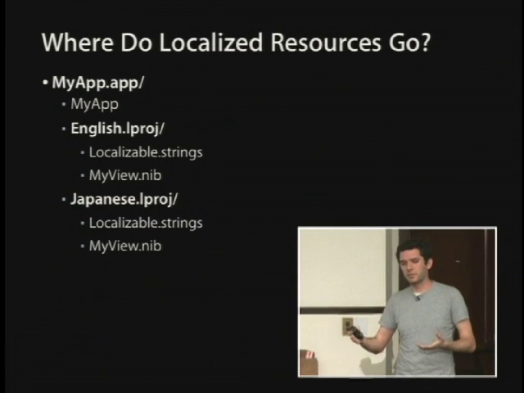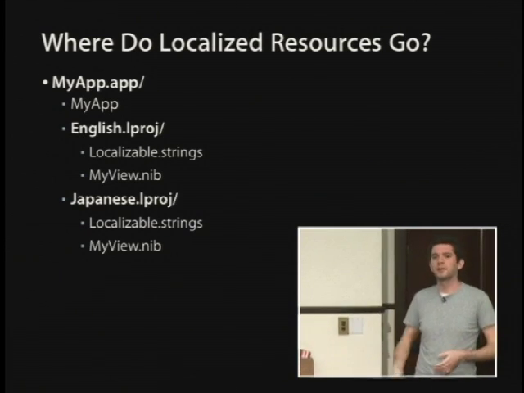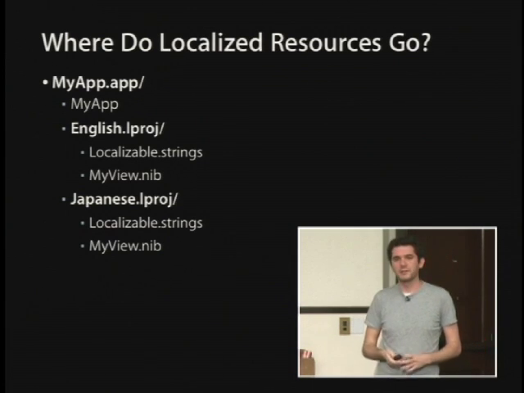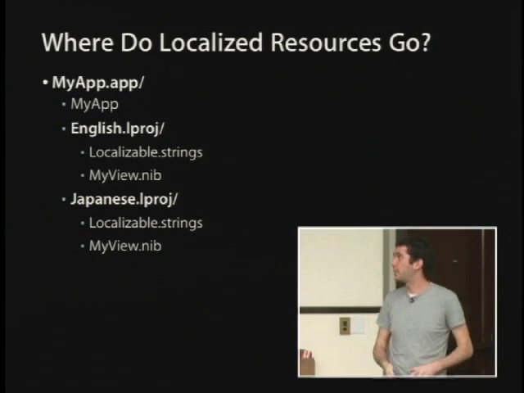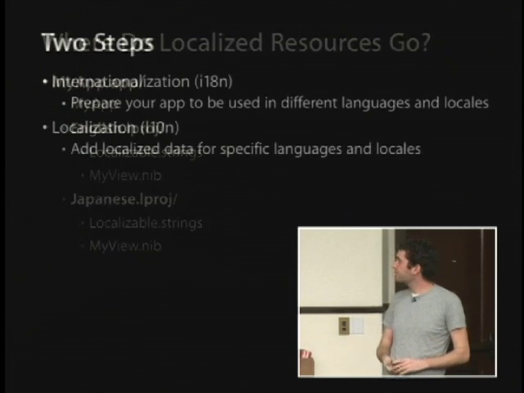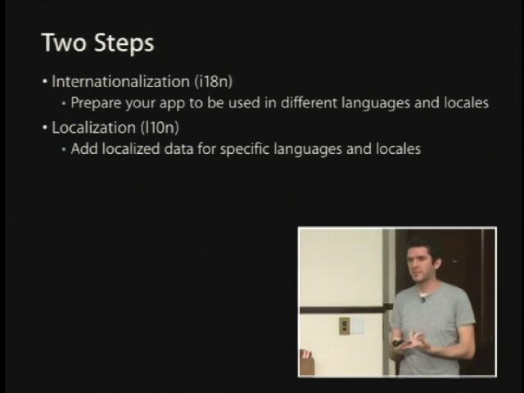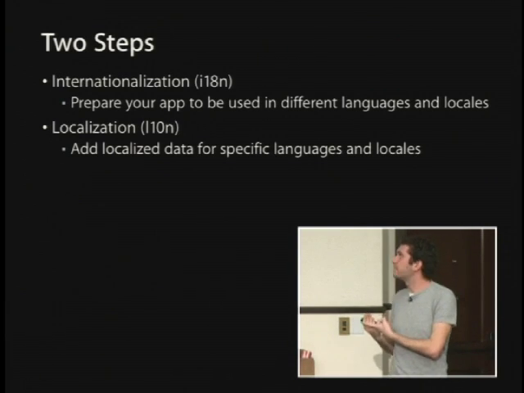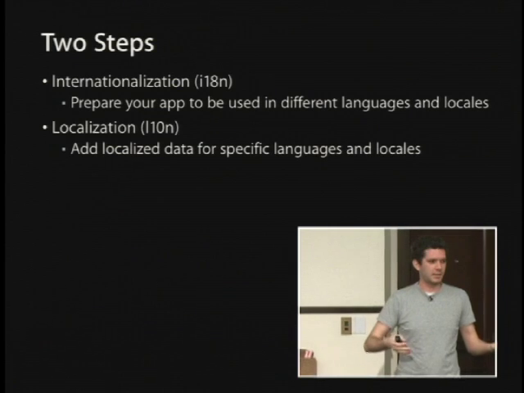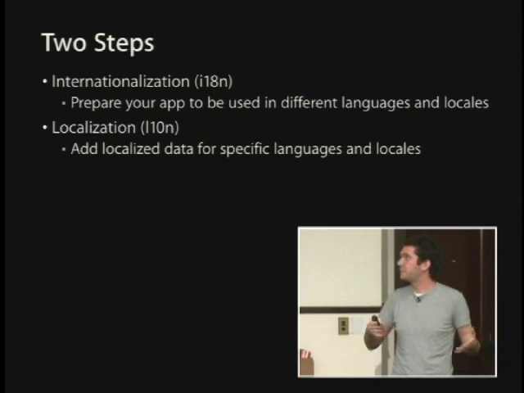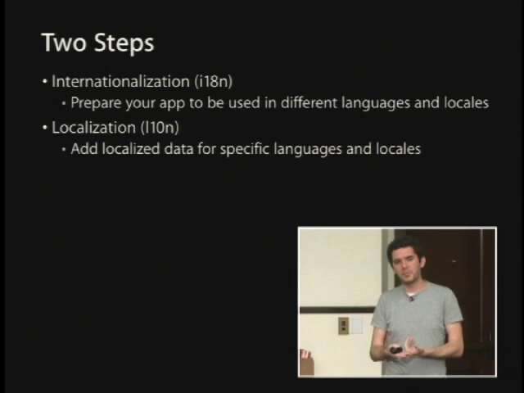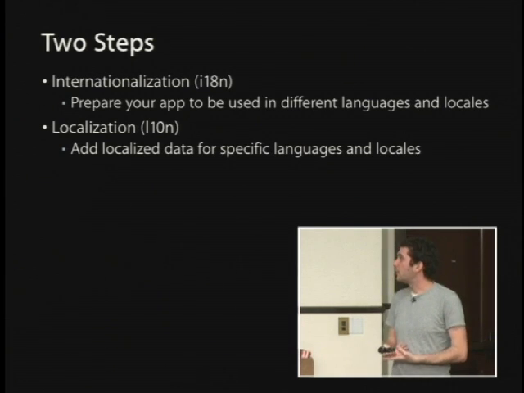So the strings will include a list of strings that need to be written differently in different languages, and the nib obviously is just different for the other language, possibly relaid out a bit. So there's really two steps to this. The first is internationalization, and this is usually the step that'll be done by the programmer while you're doing development. Basically, you prepare your application to be localized.